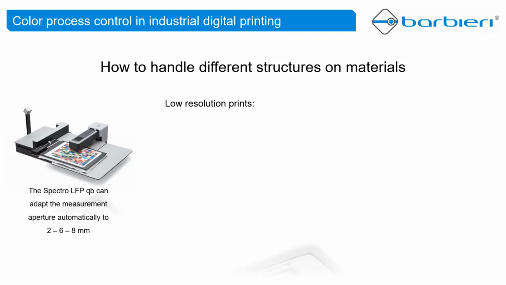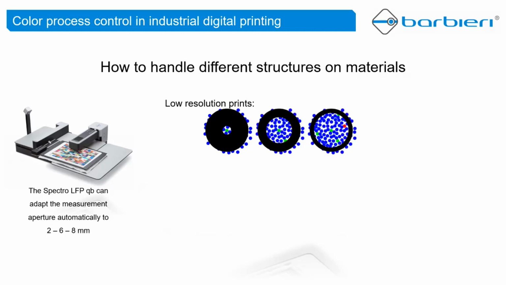Let's look at an example, a low resolution print. We have here a small aperture which captures some green, some blue, and on the right side a large aperture which captures a lot more information, even this little red spot, which just means it's more accurate. Same thing with structured materials.